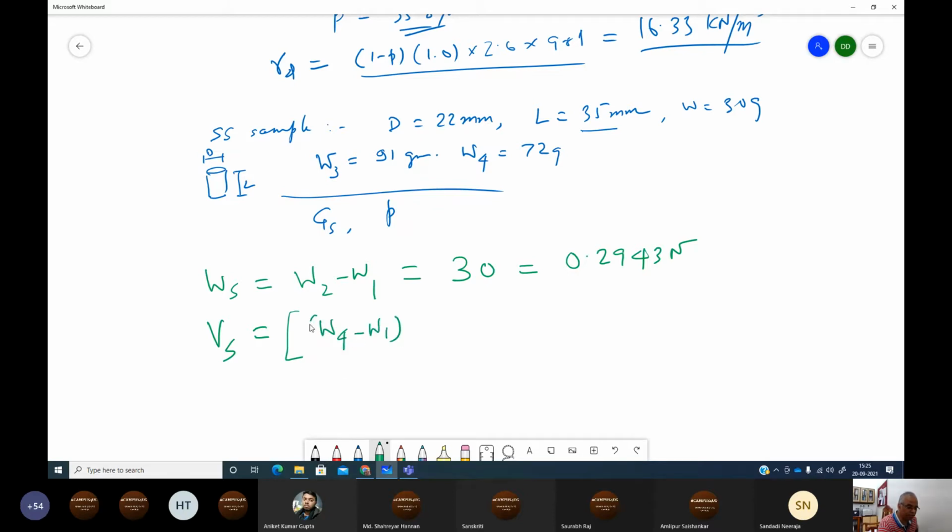W4 minus W1, and again minus W3 minus W2, and we can manipulate it like this: W4 is given 72 minus W1, minus 91 minus 30 minus W1.